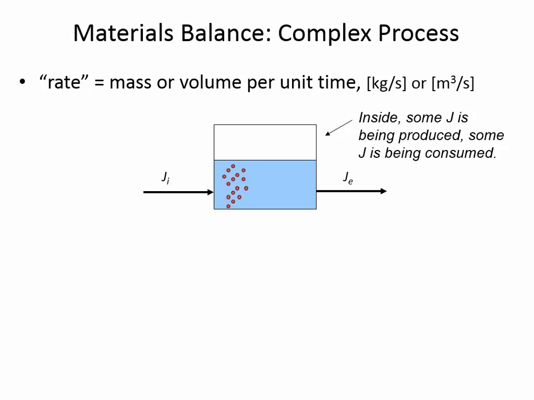And sometimes what we do is we assign the variable J to whatever constituent we're keeping track of as the reaction. So there's some J that's coming in and some J that's going out. For our purposes, the J that we're interested in is the concentration of oxygen demand.